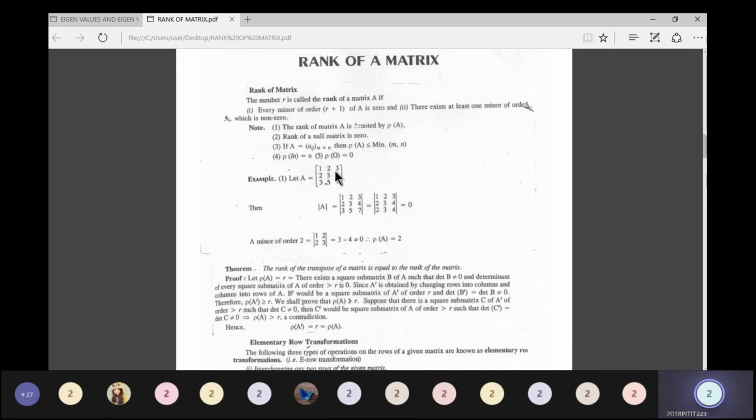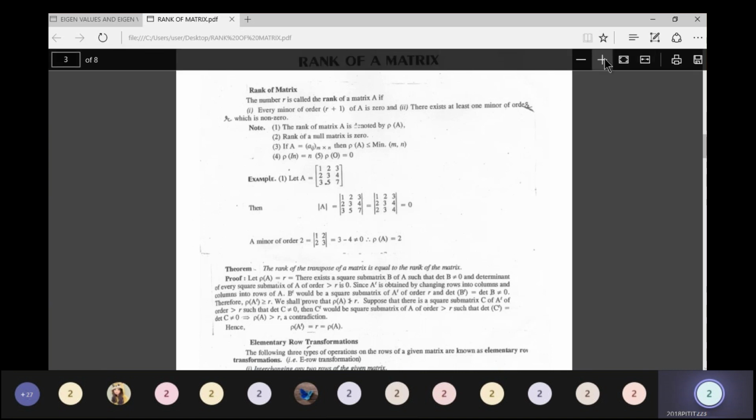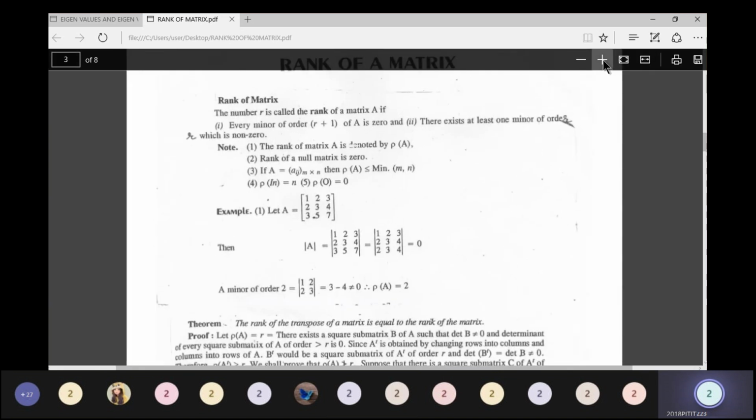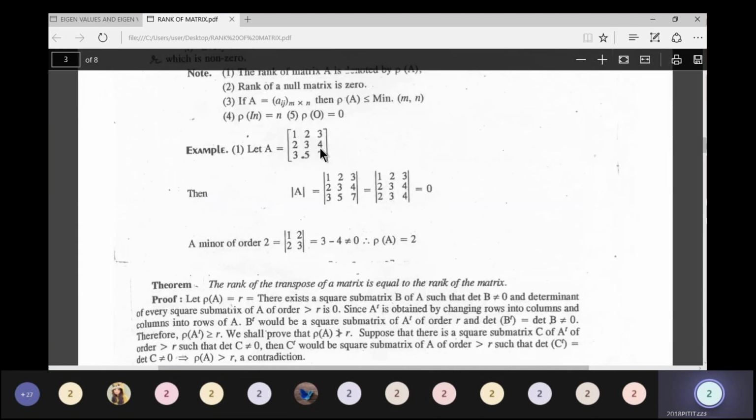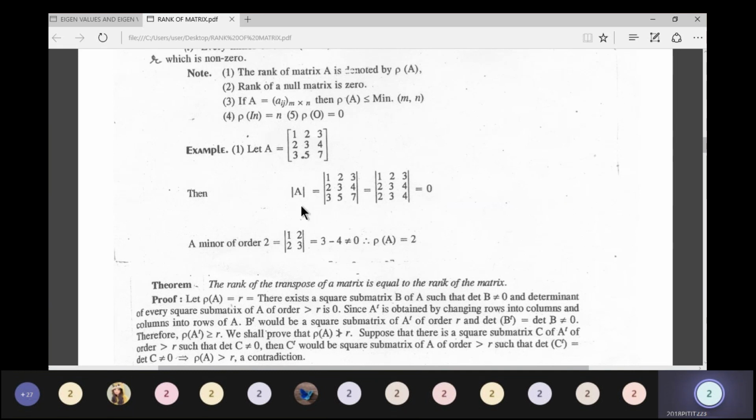For example, let A equal to [1, 2, 3; 2, 3, 4; 3, 5, 7]. The determinant of this matrix is 0, so definitely the rank of the matrix is less than or equal to 2, because the minor of order 3 is 0.